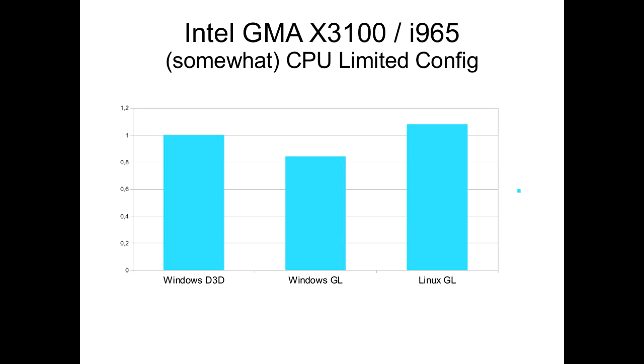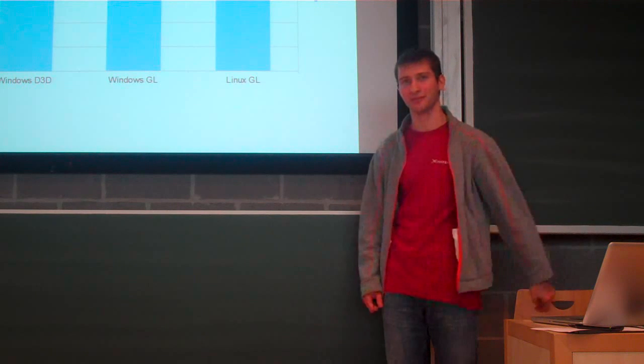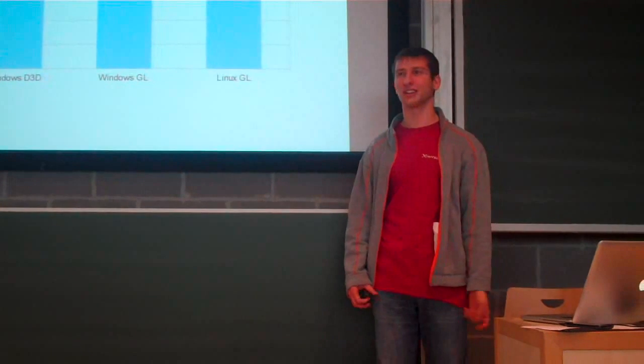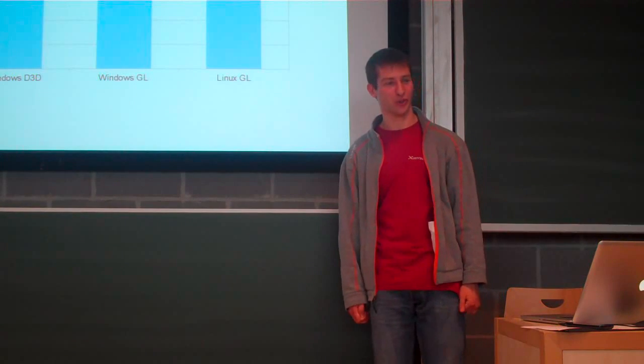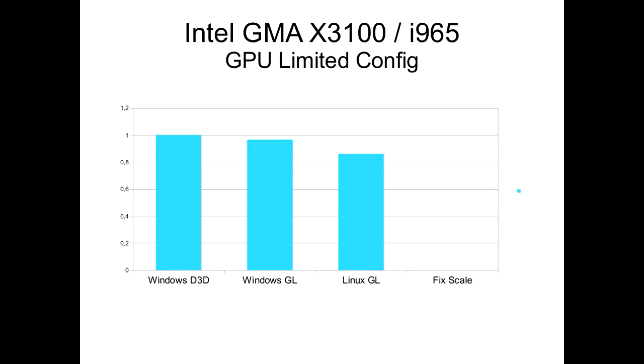Although, the other point of caution here is that many games didn't run on Windows, so the data may be crappy. Don't rely too much on it. Run your own benchmarks. That's basically the hint. Don't trust my numbers. Test it yourself. And if you get different results, get in contact with me and we can figure out what's going wrong. Similar case in a GPU limited configuration.